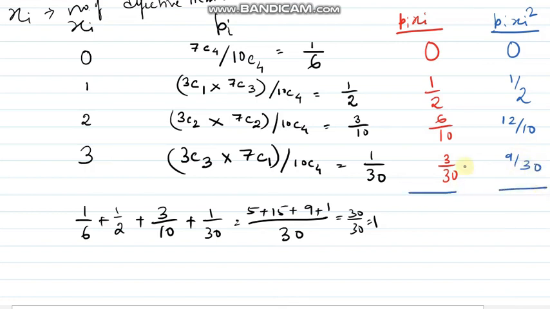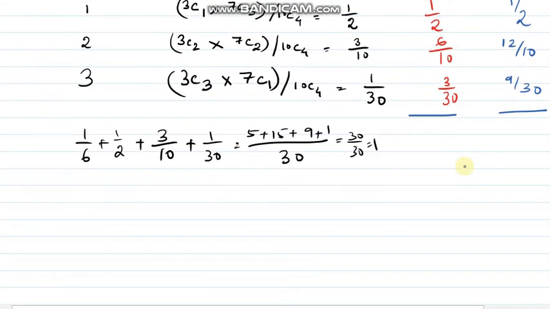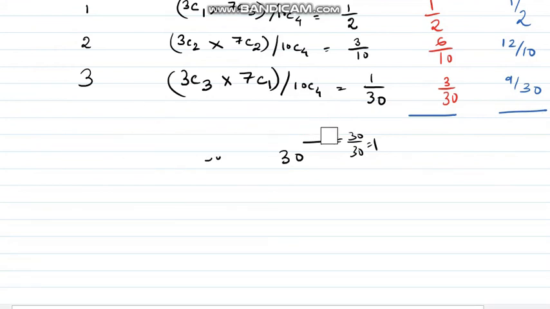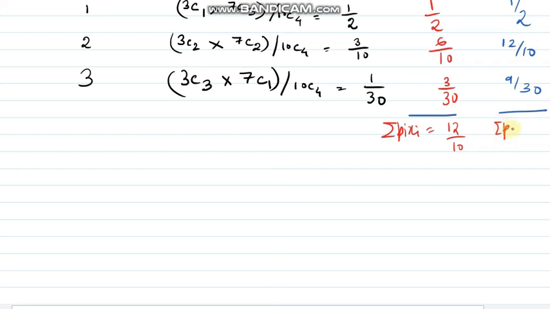Now I am going to add these. If I add these, what will I get? I have already calculated this and checked that my answer is correct. So summation pixi will be equal to 12 divided by 10 after calculation. Just calculate it properly.